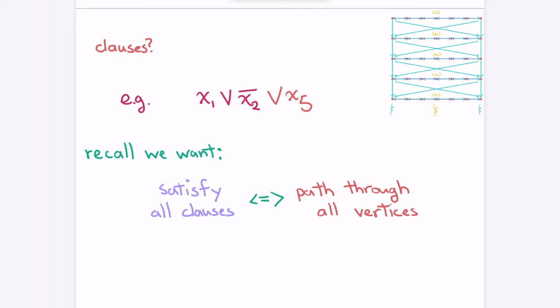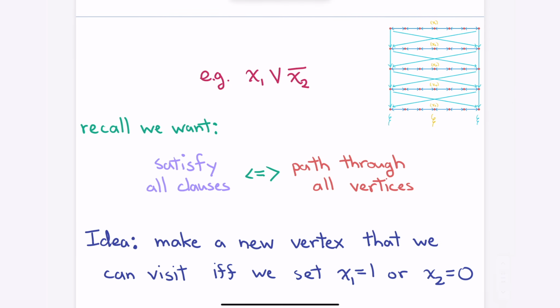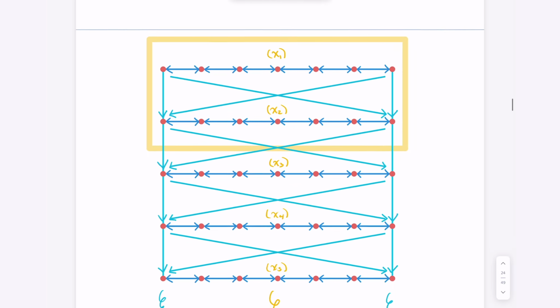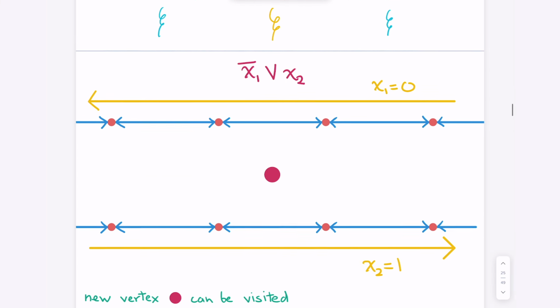So did you also have a new vertex in your idea? All right. So we're going to try to make a new vertex that you can visit only if you're setting the appropriate variable. So going back to this example of x1 or not x2, let's just focus on those two rungs of the ladder. Okay.